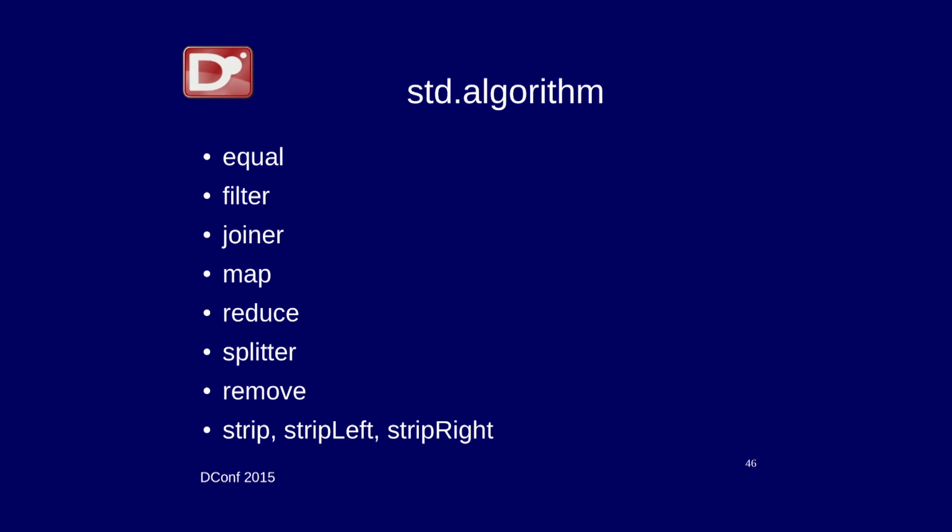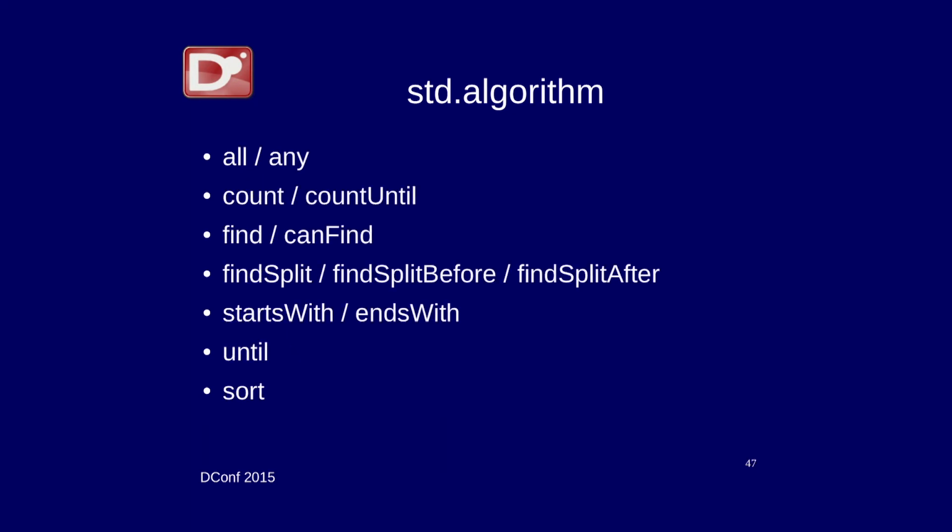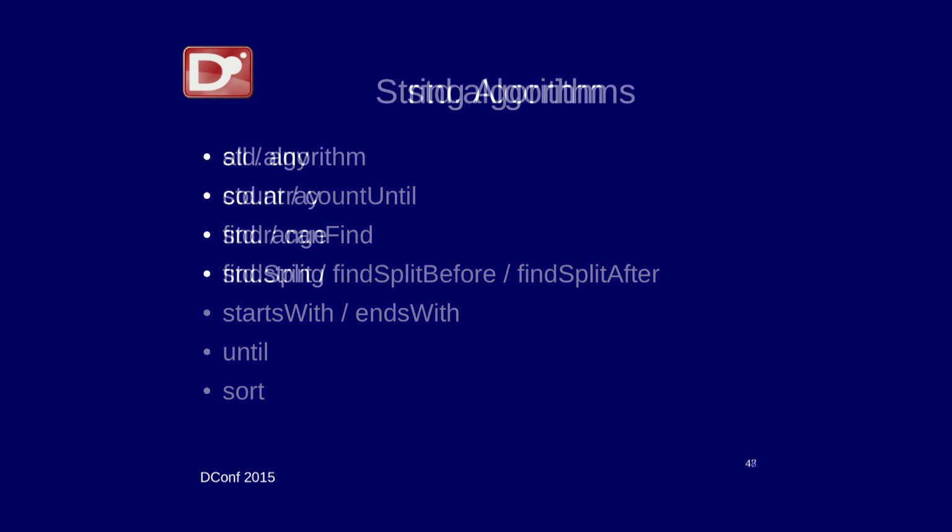So there's a number of useful functions in here, like find, startsWith, until, and sort is in there. Sort, for instance, requires a random access range, so it tests for that. And if you try to give it a string, string is immutable anyway for the elements, so it wouldn't work because it has to move them around. But even a char array would not compile with sort, which confuses some folks.